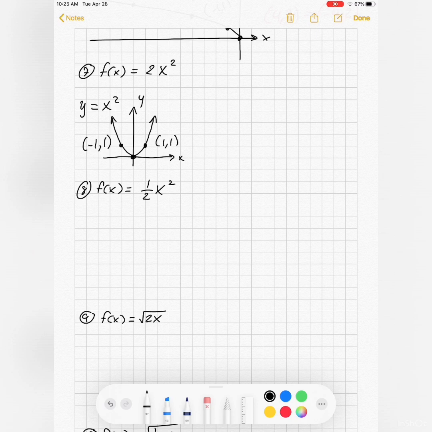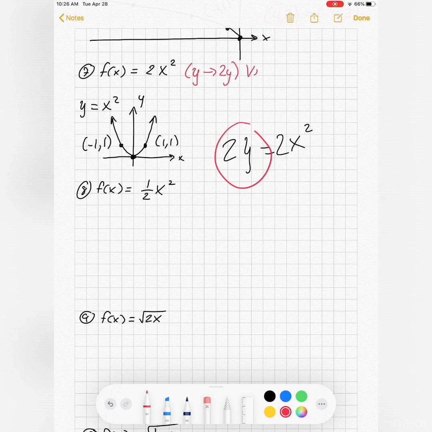So, okay, so now I take that function and I multiply it by 2, right? So what is my rule? What is happening here is I'm multiplying all of the y's by 2. So I'm going to take y and I'm going to multiply it by 2.